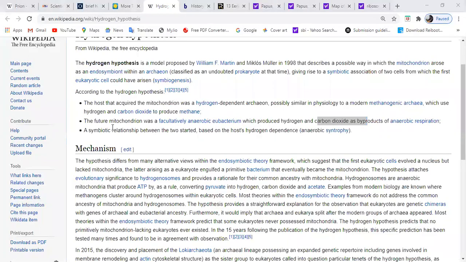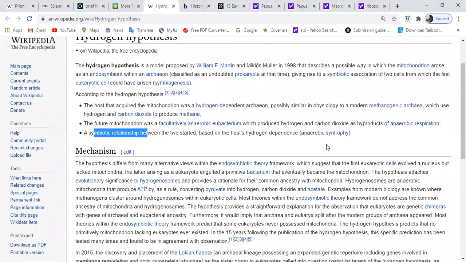Because this proteobacteria produces carbon dioxide and hydrogen, which is used by the archaea, which is also anaerobic, a symbiotic relationship between the two started based on the host's hydrogen dependence. This is actually anaerobic syntrophy.